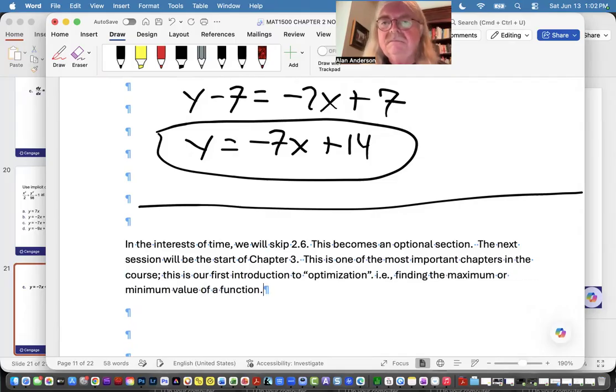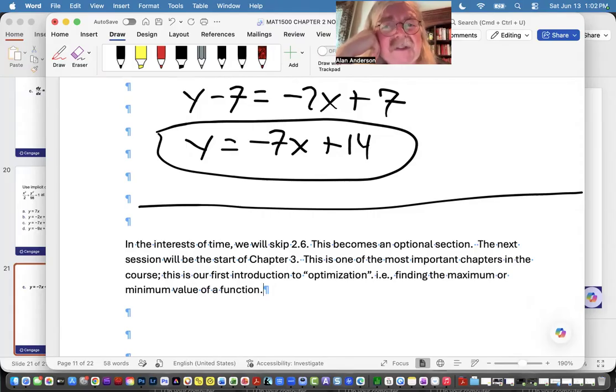Now, it's something that we do all the time with applied calculus. Imagine yourself running a business and you want to find out the optimal number of units to sell to maximize your profits, this is what you're going to do. Or find the level of output that minimizes the cost of production. That's the kind of thing that we'll be doing in chapter 3.